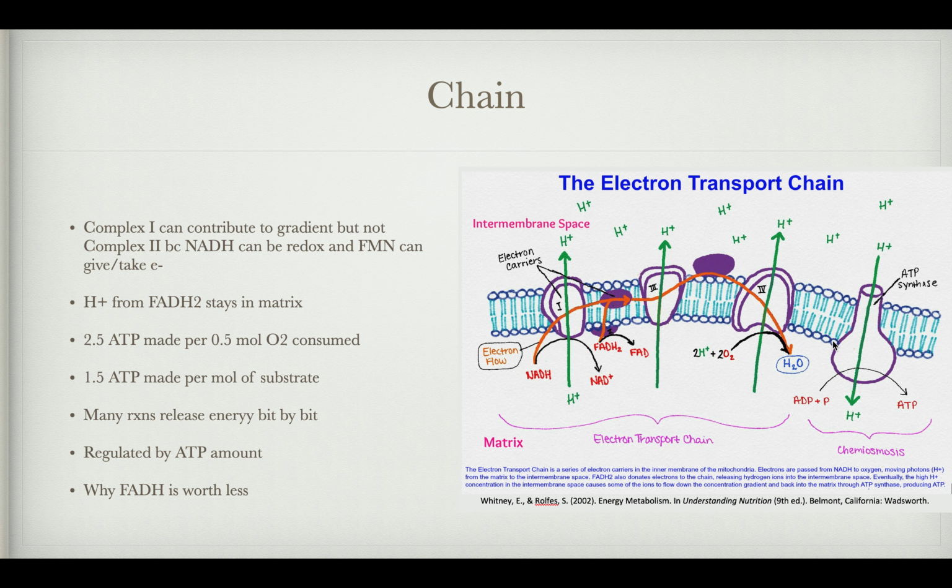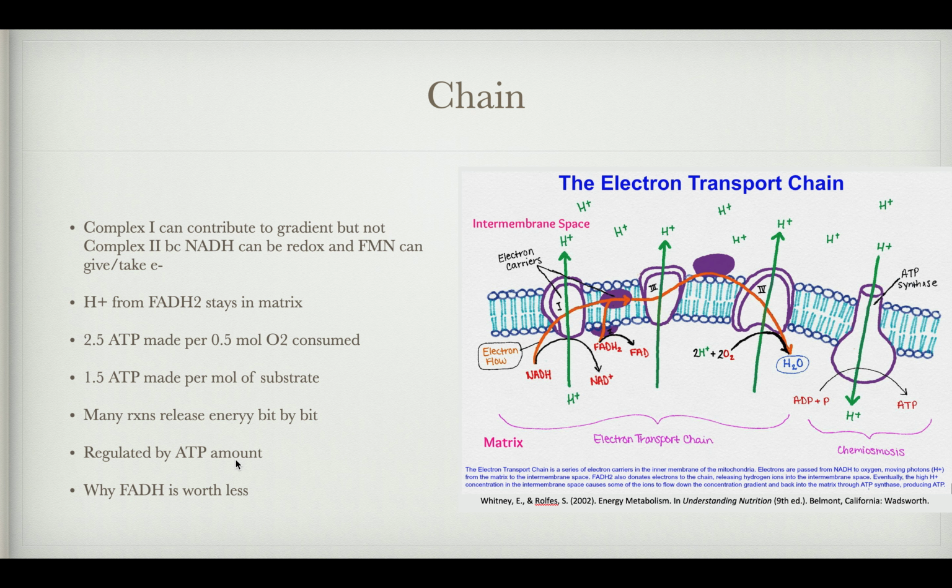It's because this is a lot of energy being produced, right? But the gradient is being built slowly, so that big dump of energy would not occur and the cell would not explode. So the electron transport chain itself is regulated by the ATP amount in the body.